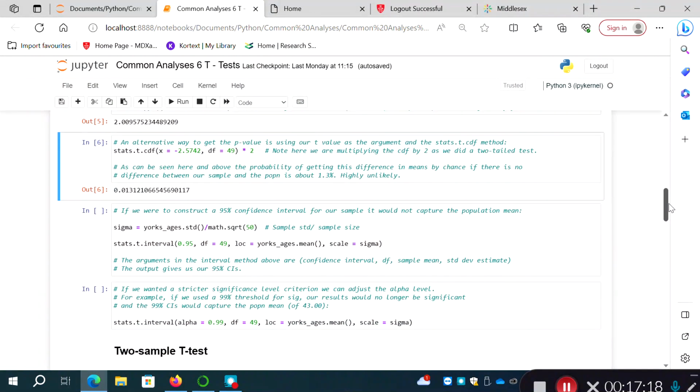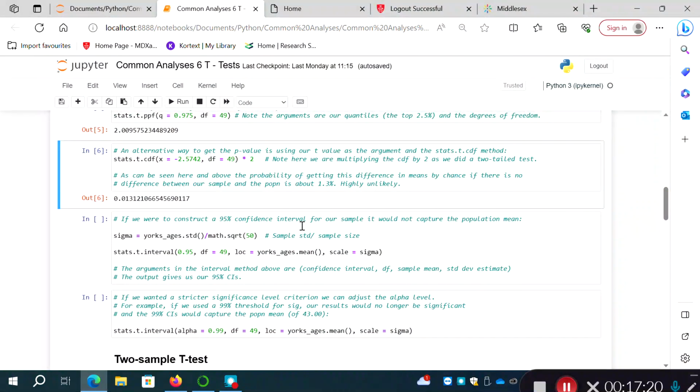So if we wanted to construct an actual 95% confidence interval for our sample, because we got a significant test, the 95% confidence interval for our sample mean shouldn't capture the population mean.